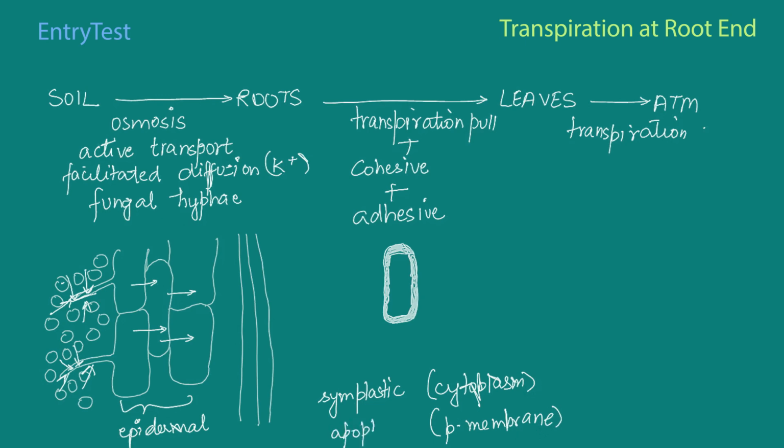In the case of roots, both processes are followed. So this is for symplastic, and for the apoplastic, it's through the cell membrane or plasma membrane like this. Finally, all the water that is collected over here goes to these vessels. Let's call these the xylem vessels. This is the vascular tissue, the xylem vessels and tracheids, and slowly water reaches from hair to hair.